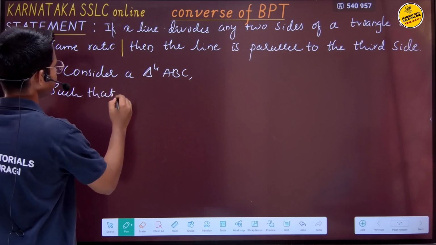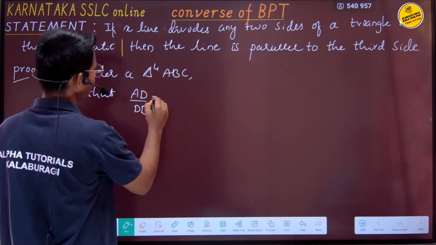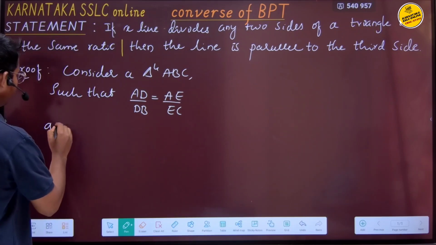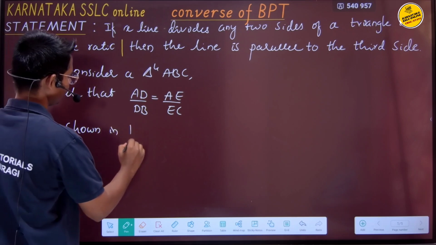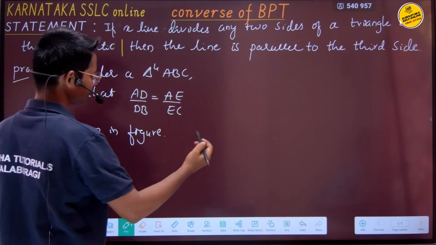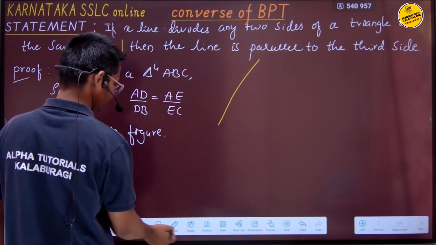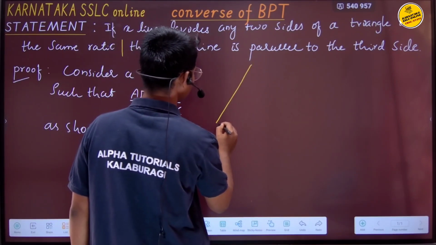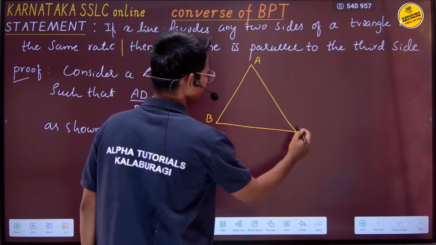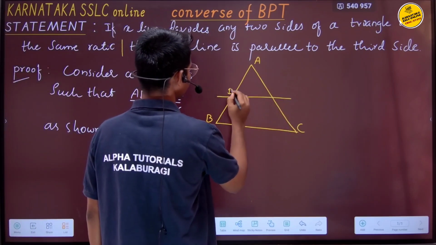Such that AD by DB equal to AE by EC, as shown in the figure. So here we draw the figure. Let me take a triangle; the name of this triangle is ABC. What we need to prove?